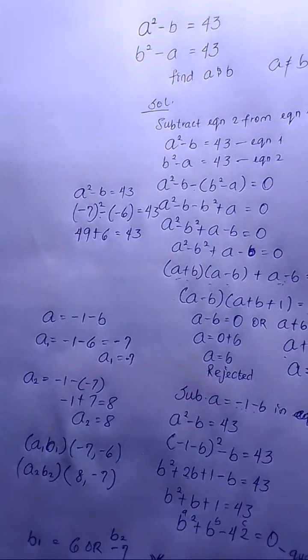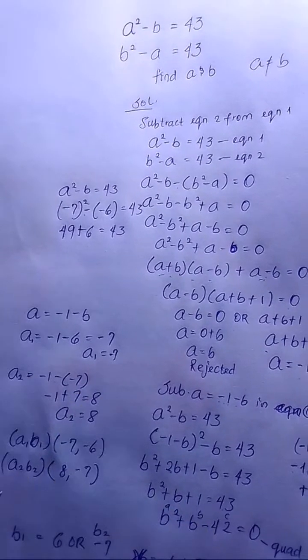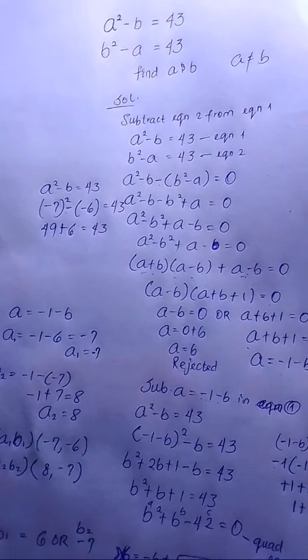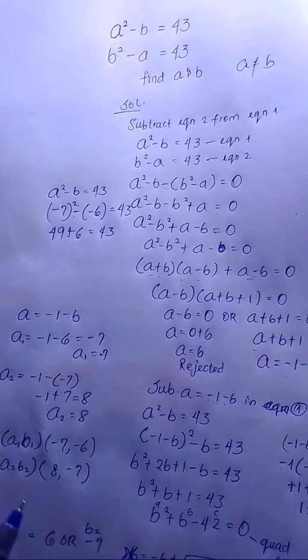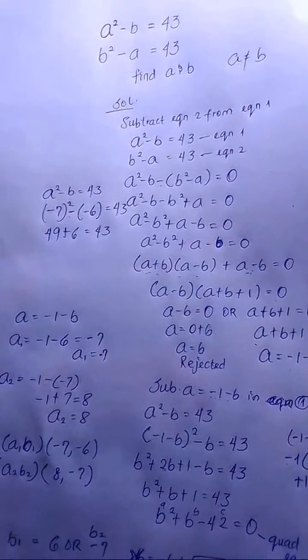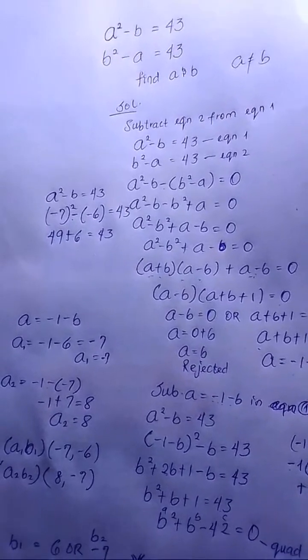So we now want to check where our original A1 came from. We had B1 and B2 to be 6 or minus 7, right?